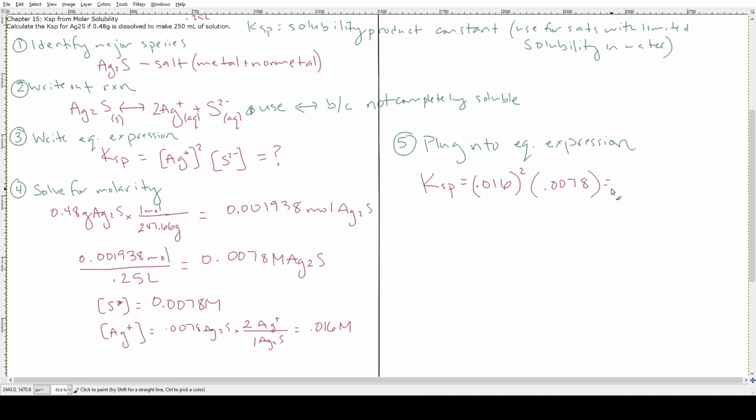Don't be the person who forgets it, because I'm sure someone will. 0.016 squared times 0.0078. And you're going to end up with 1.9968 times 10 to the negative 6. However, that's too many sig figs, so I only want 2 sig figs. 2.0 times 10 to the negative 6. And that would be our KSP, our solubility product constant for silver sulfide.